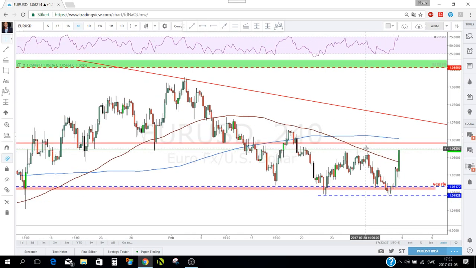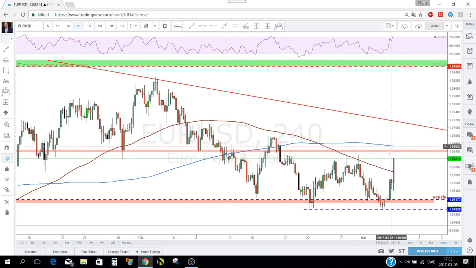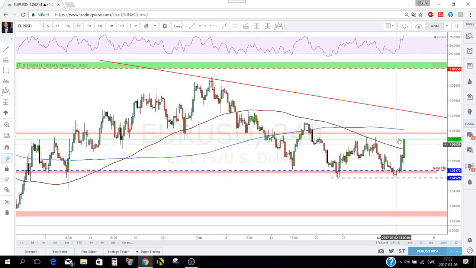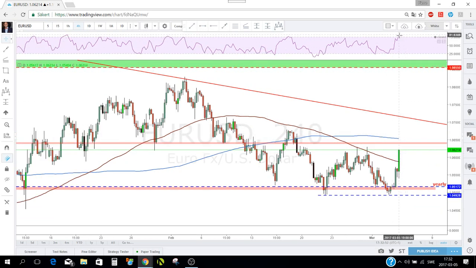So we have some structure to look at for this pair. The first structure is this area back up here, the 1.064 area, that you should maybe look at to see how price will react, because the RSI is getting oversold.